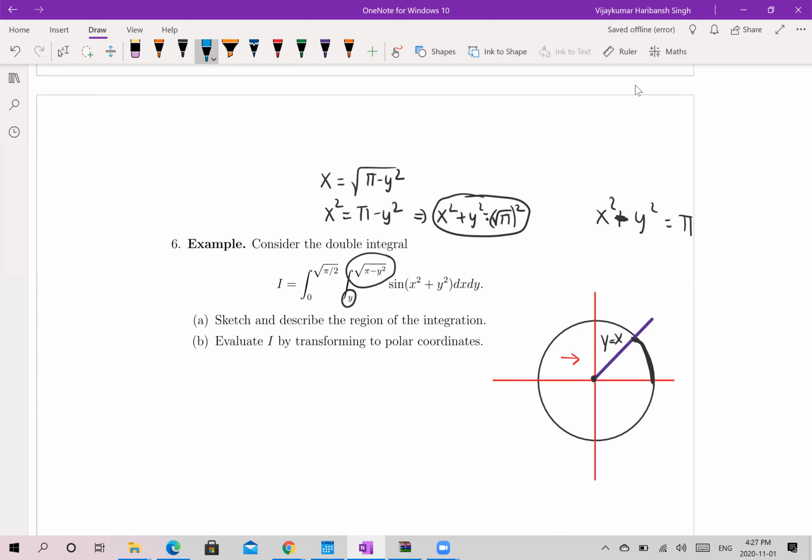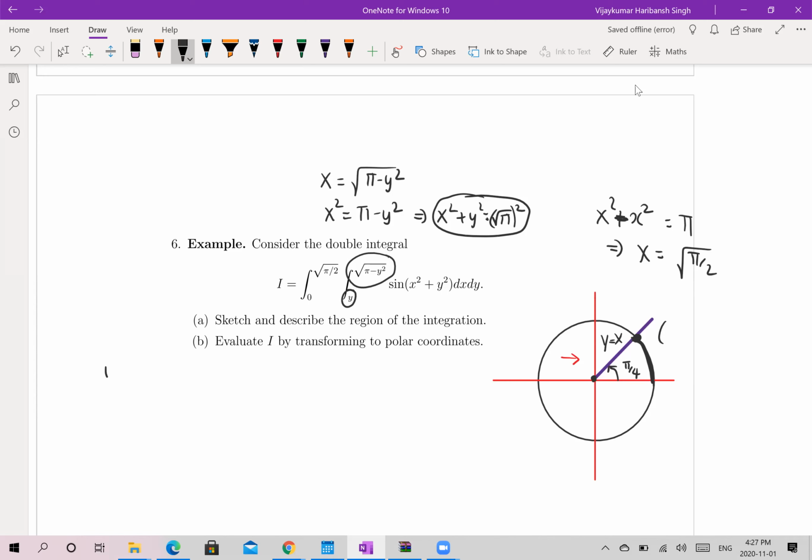So if they are equal, we get x squared plus x squared, which is 2x squared, equals pi, which means x equals square root of pi by 2. So this is indeed the point where you have x equals square root of pi by 2. So this angle is pi by 4.